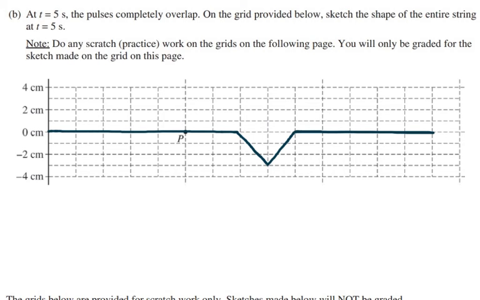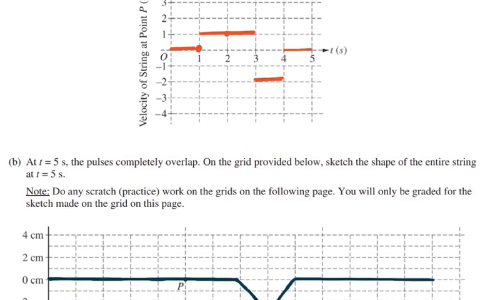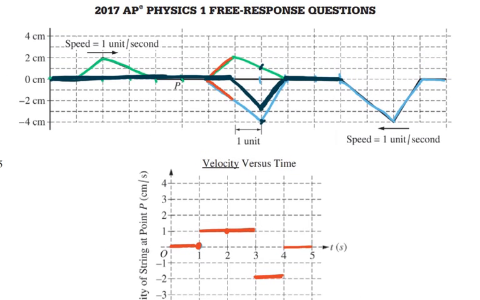After the pulses pass each other, they will continue going in the directions they were going. The green pulse will continue going in its own direction, this direction, and the blue pulse will continue going in this direction.